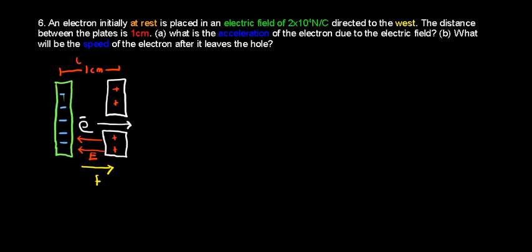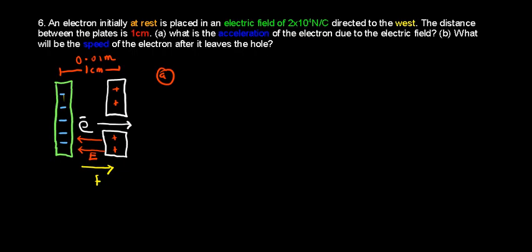Now let's look at A. A says, what is the acceleration of the electron due to the electric field? Now, we state the formula for what? For electric field.